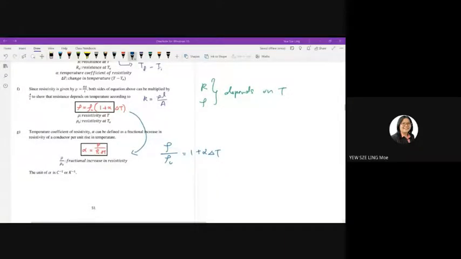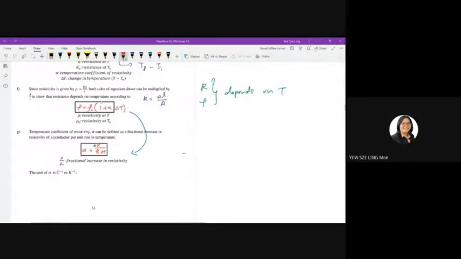Temperature coefficient of resistivity. Yes, okay, the equation should be delta rho. So equation asal dia ada salah.